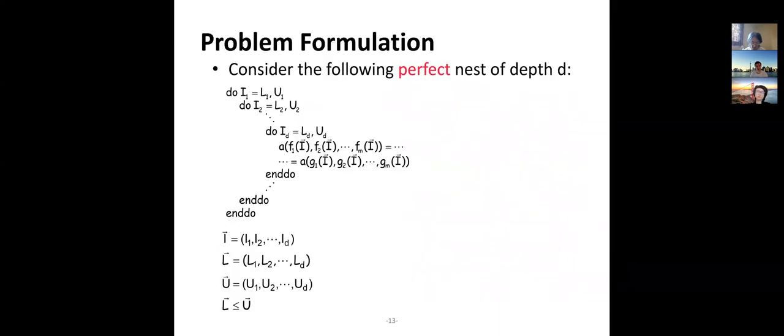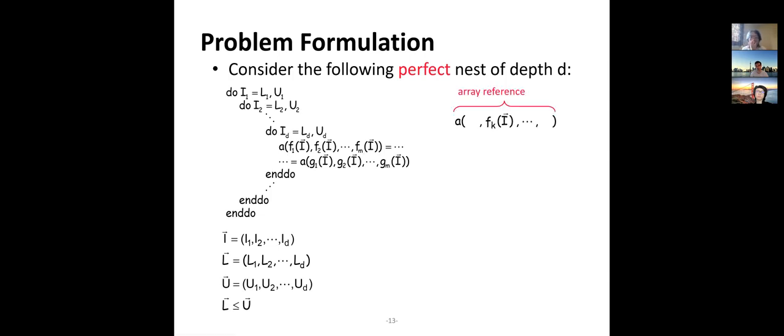Okay, so then the problem we try to formulate is having the simplest possible example with the loops, this perfect loop nest of the length D, where I had all these loop conditions, right, written. So this is essentially a D-depth nested loop with these accesses to arrays with different indices.